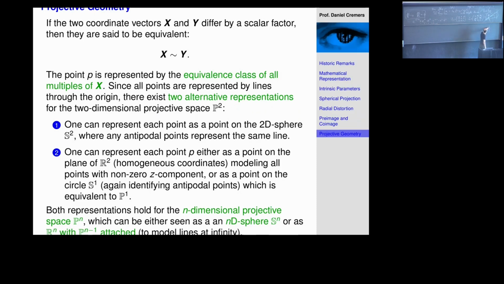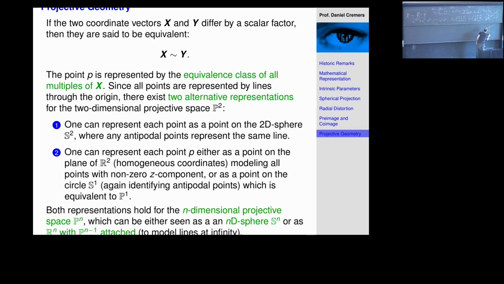To parameterize these points, we consider a 3D space with an origin here, and then we can consider all these lines through the origin, this line and that line, and they make up these points. If I consider all conceivable lines through this origin, it maps out all possible points.